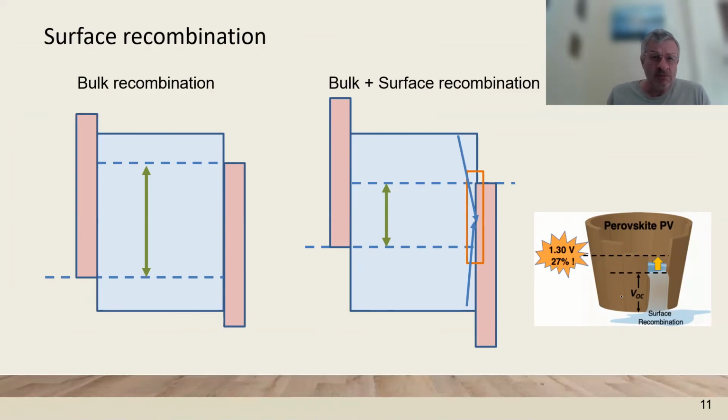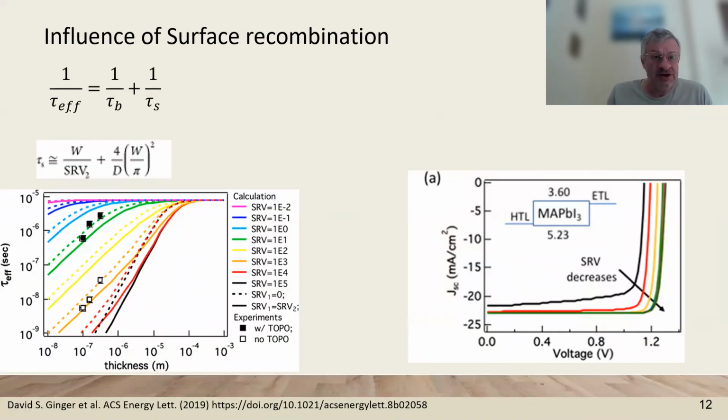In addition to the possible bulk recombination effects, we have to add the surface recombination effect. This is an additional loss occurring because of specific defect states at the surface, and this can produce very large loss of the photovoltaic. So in general, the effective lifetime of recombination of carriers will be the sum of the inverses, as they are parallel processes.